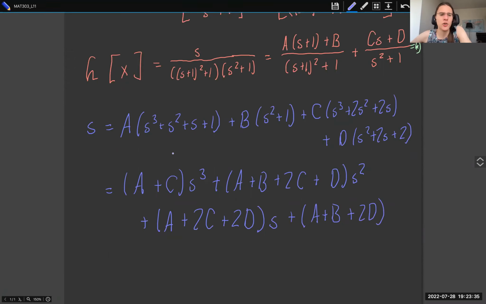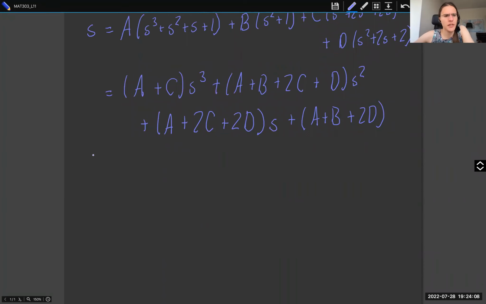Okay, so if we look at A's contributions, it's 1, 1, 1, 1. If we look at B's contributions, it's 0, 1, 0, 1. If we look at C's contribution, then it's 1, 2, 2, 0, and then this one is 0, 1, 2, 2. So that's right.